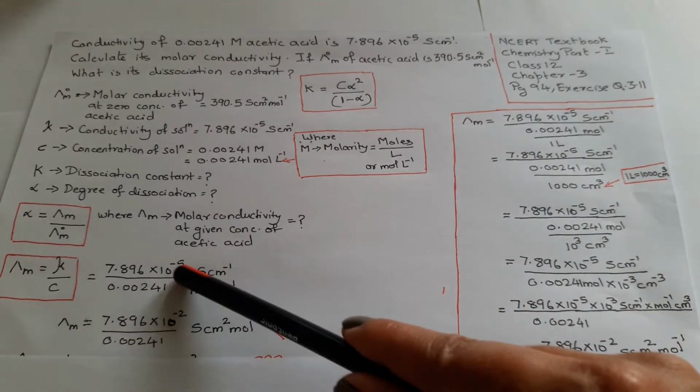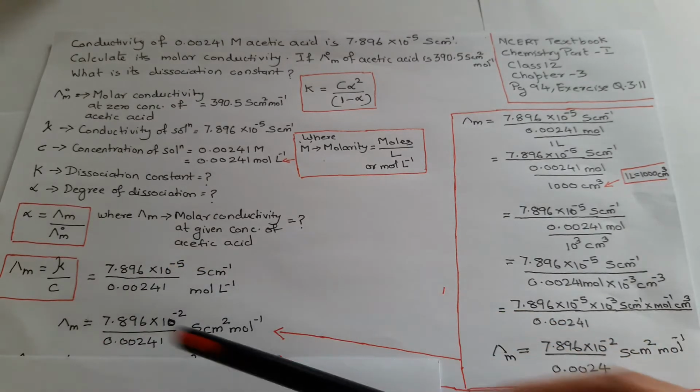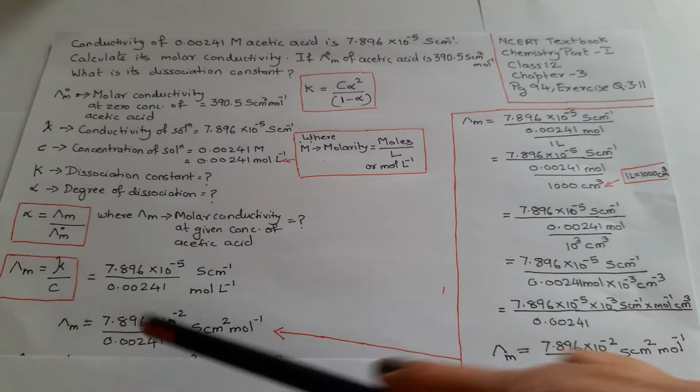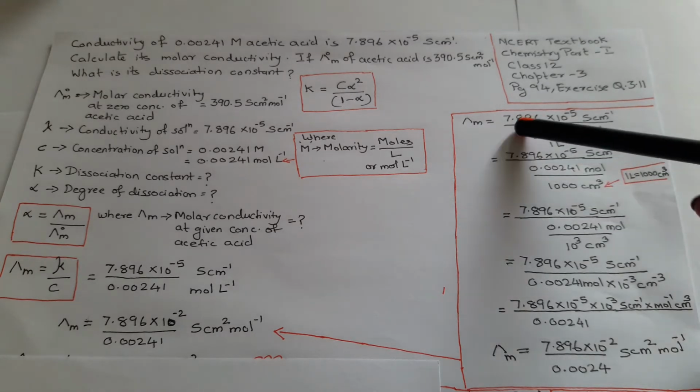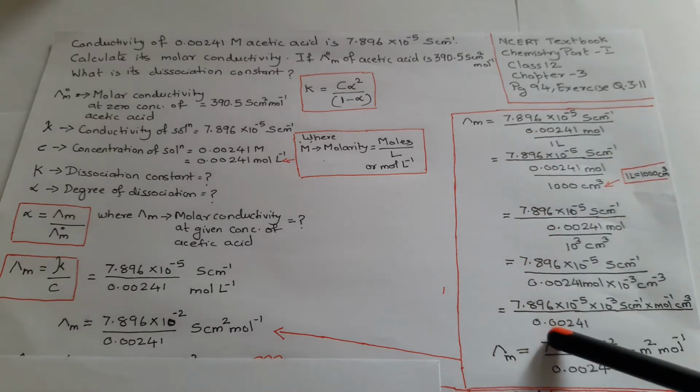After simplifying this step, we get lambda m is equal to 7.896 into 10 raised to minus 2 upon 0.00241 Siemens centimeter square per mole. The steps of calculations are shown here.